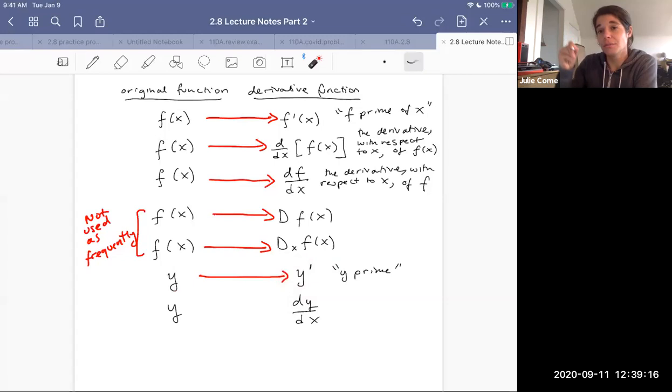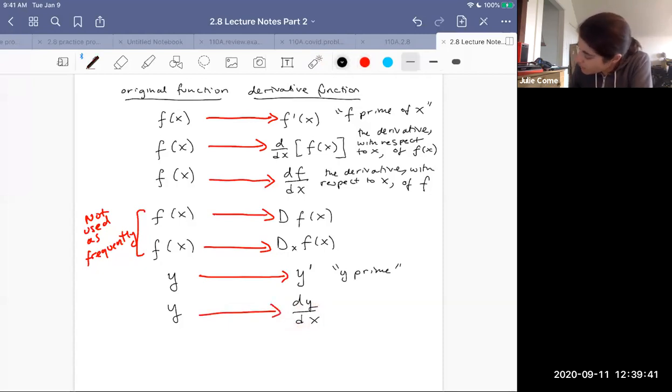Similarly, we get the corresponding notation that we saw here and here, where we can have this d dx of our function. If we call our function y, then the derivative can also be represented as d dx of y. We would read this as, again, the derivative with respect to x of y.